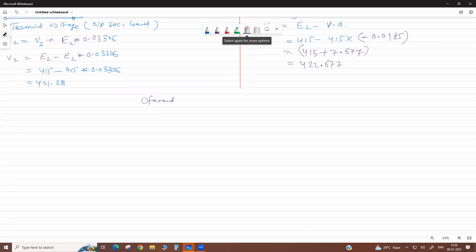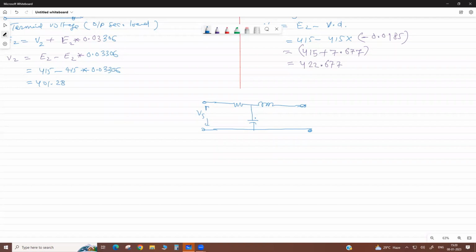Okay, the Ferranti effect is in the long transmission line. You know, there is the resistance of the line, the reactance of the line, and maybe due to the capacitance, this shunt capacitance. Here, this is the sending end voltage. Here also we read line voltage regulation.